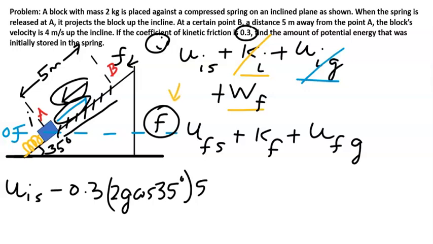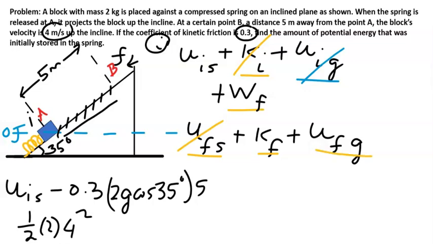Now the term at the final point. The energy stored in the spring at point B: the spring is completely relaxed, so there is no spring potential energy. The kinetic energy is quite simply half times mass, which is 2 kg, times the speed at that point, which is 4 meters per second, and square that.